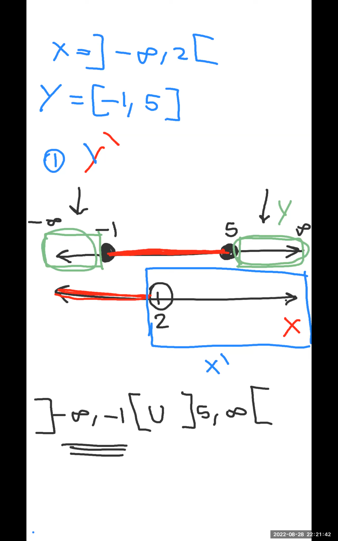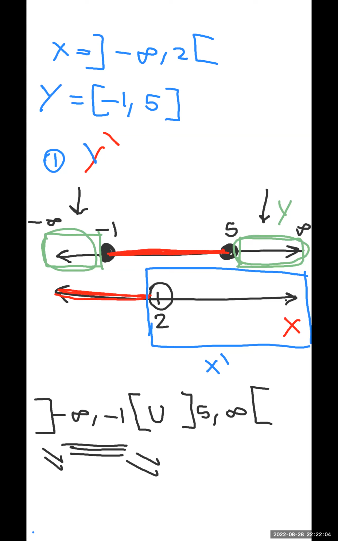Negative infinity must be open. -1, are we supposed to include -1 or is there -1 in the set itself? Actually, there is -1. So are we supposed to repeat it? No, of course. That's why I put open also from the side of -1.